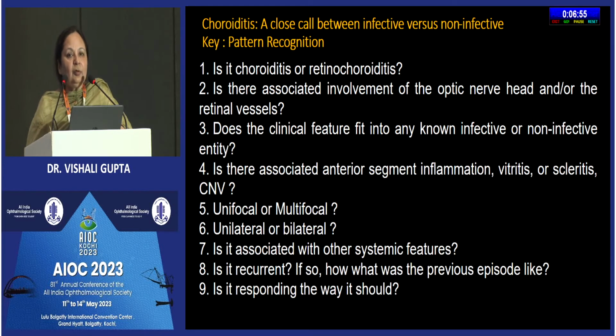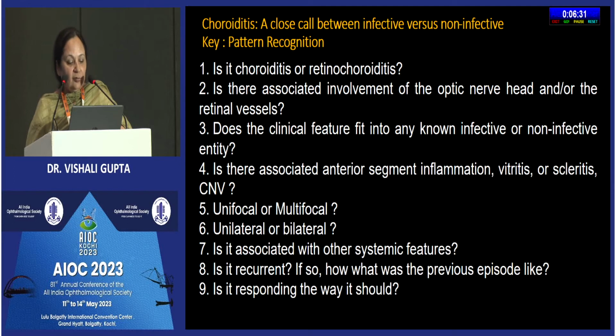There are a couple of questions that should be asked about every patient of choroiditis that we see. Is it choroiditis or is it retinochoroiditis? Is there any associated involvement of the optic nerve head? Do the clinical features fit into any known infection or non-infection? Is there associated inflammation?